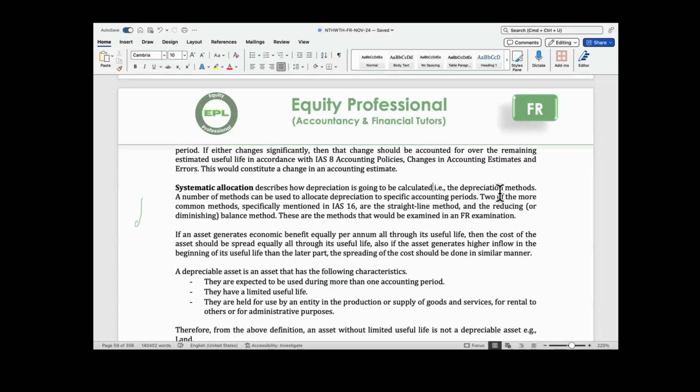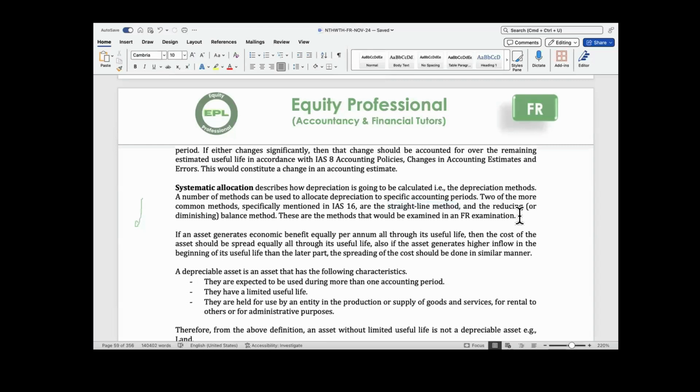I'm sure you will read some textbooks that will give you 7 types of depreciation methods. Well, good luck. IAS 16 recognizes 2 methods of depreciation, and that's what we're going to talk about in this class. Number 1 is the straight line method, and number 2 is the reducing balance method, or diminishing method. And it is these 2 methods that would be examined in an FR examination.